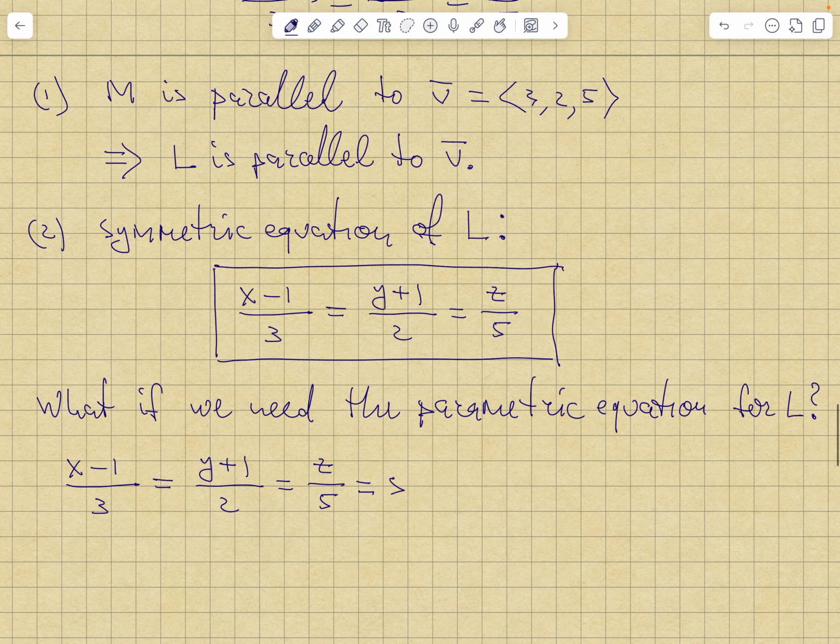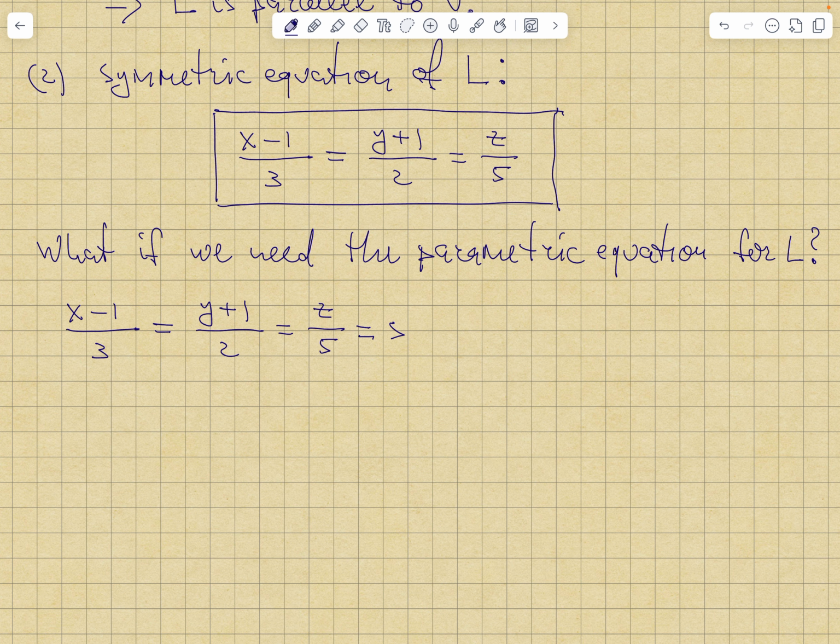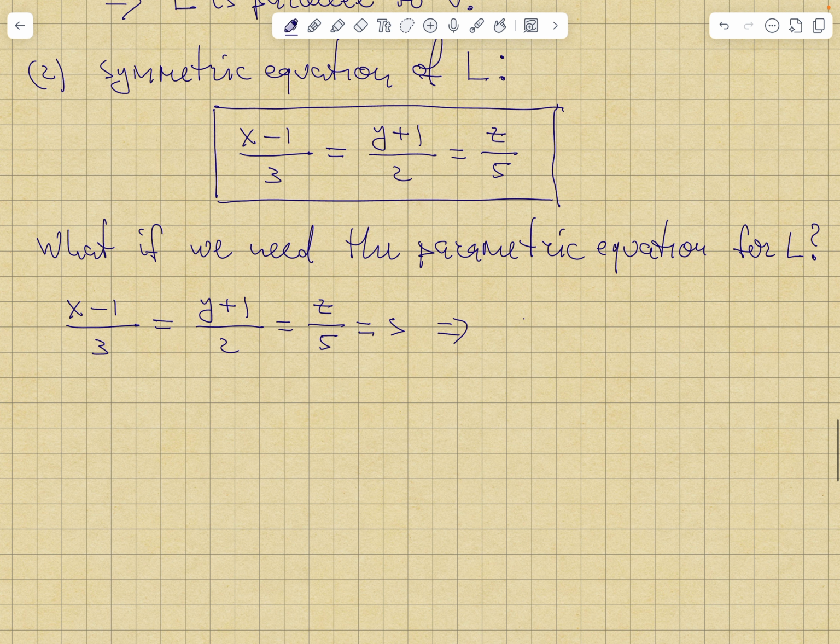which means that x minus 1 over 3 is equal to s. If I solve for x, it is 1 plus 3s. I have y plus 1 over 2 equal to s, so that is y equal to minus 1 plus 2s, and z over 5 is s, so z is 5s.